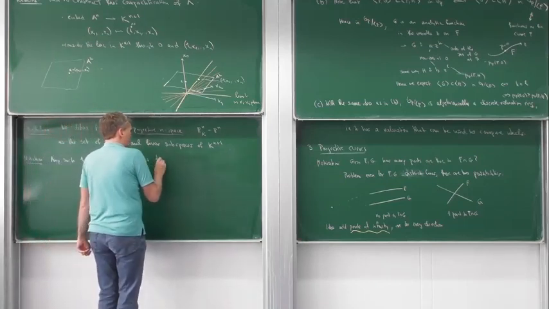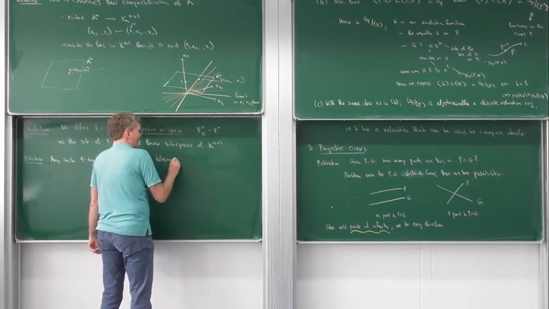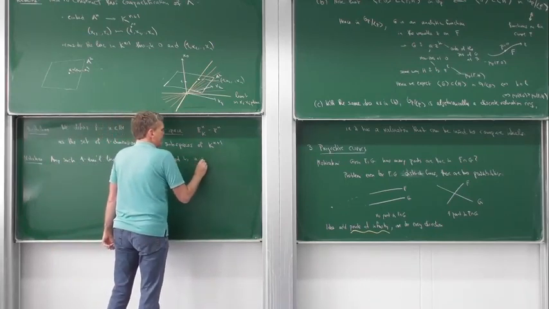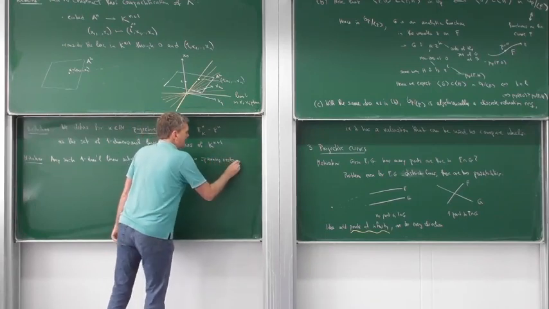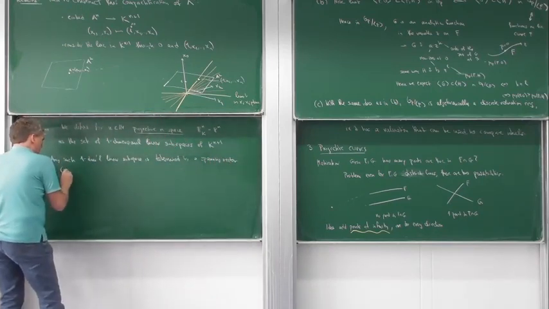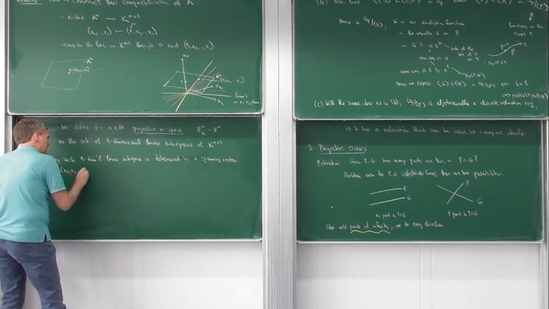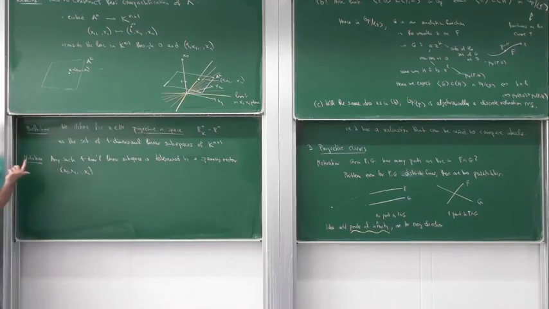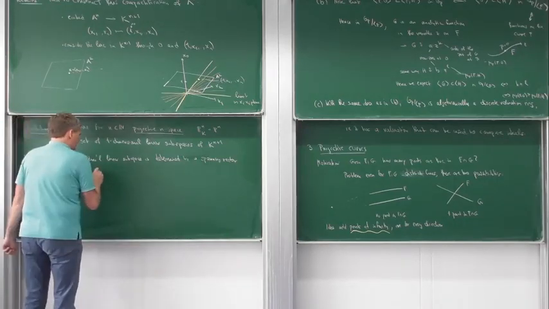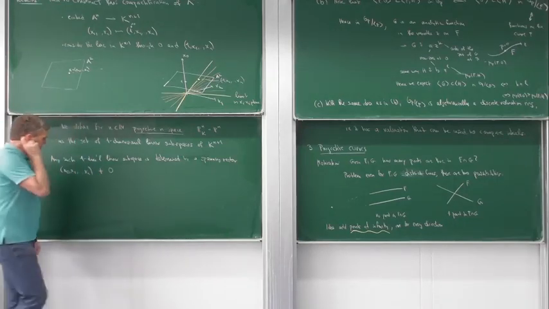is determined by a spanning vector, which I now call x0 up to xn, because we have one more coordinate, which is of course non-zero. It should span a one-dimensional subspace, so it's not equal to 0.